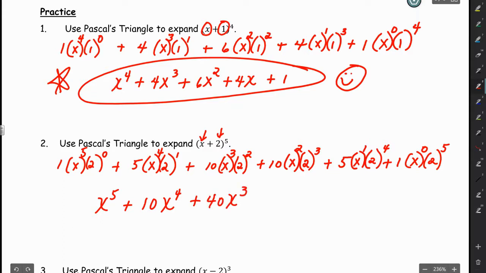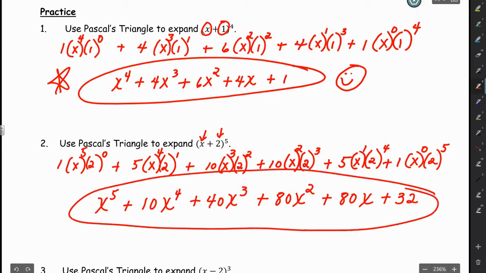The next term, we have 2 to the 3rd, that's 8. 8 times 10 gives us 80. Then we have 2 to the 4th. 2 to the 4th times 5 is 80. And 2 to the 5th power on the last term is 32.